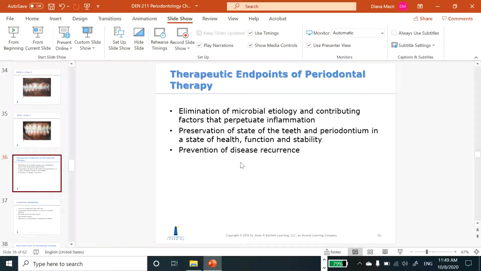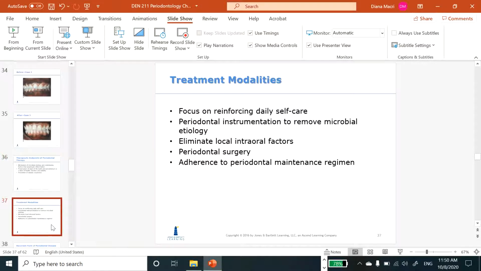The microbiota is permanent in a person's mouth. You're not going to kill all the bacteria in the person's mouth. We also want preservation of the teeth and periodontium in a state of health, function, and stability, and prevention of disease recurrence. We just want those tissues to go back to their normal, healthy state.